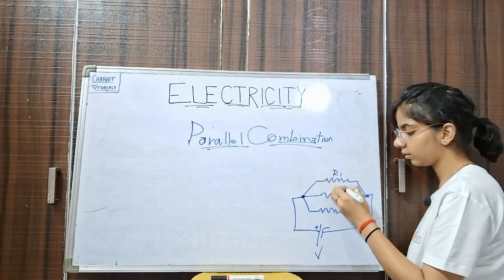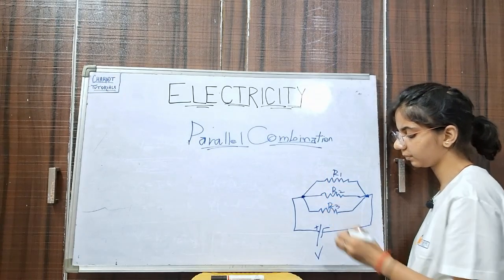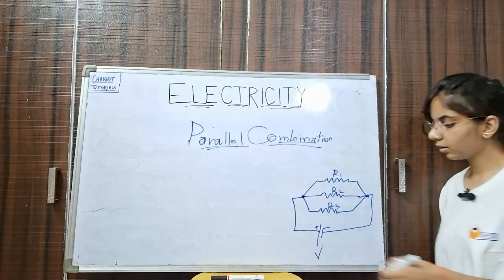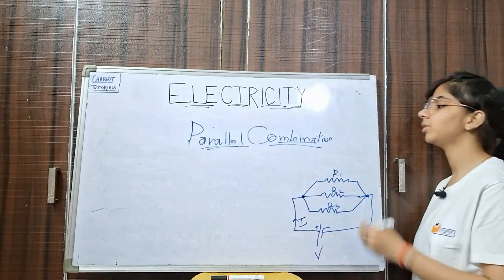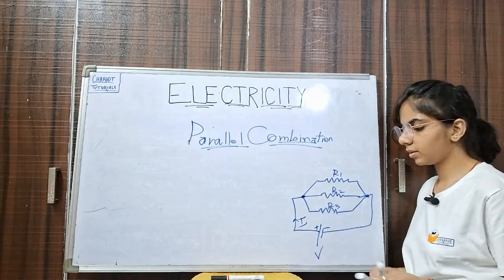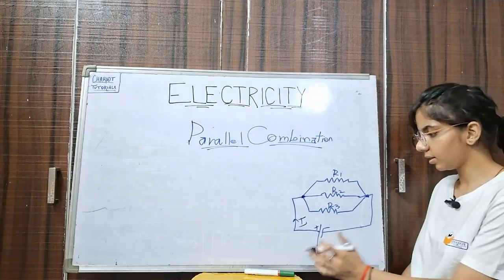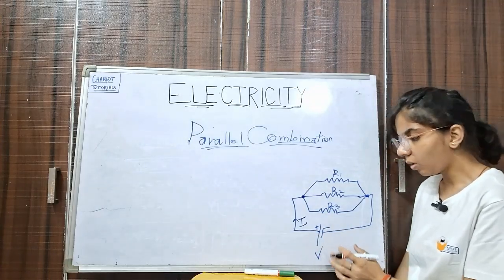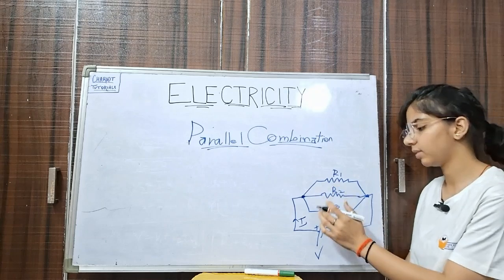This is the resistance R1, R2 and R3, right? Current I is flowing through it. Now, in this parallel combination, how will you say that the potential is the same across all the resistances?